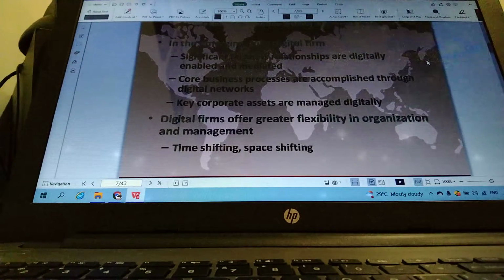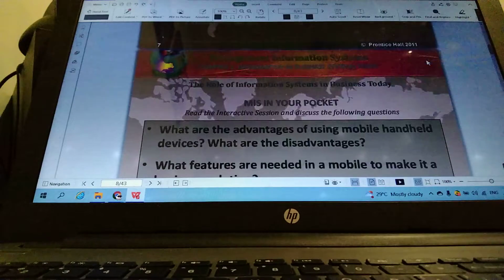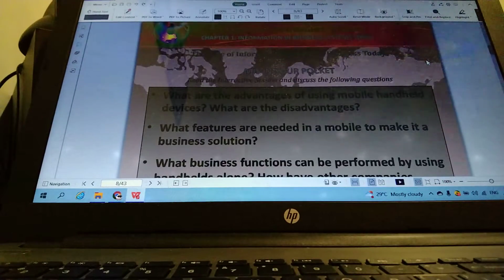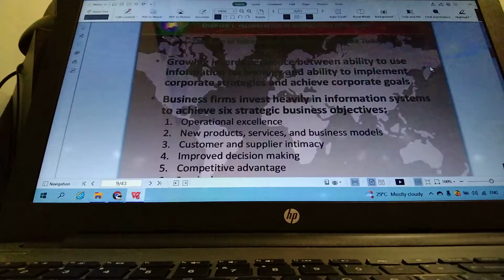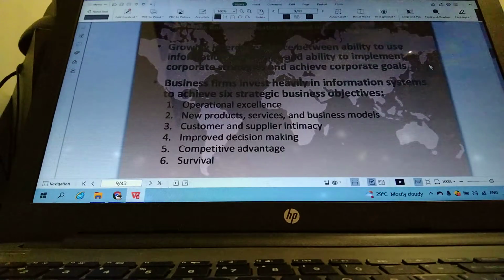So that is an example of how digital firms offer greater flexibility in organization and management in terms of time shifting and space shifting. Okay, in the next slide, you have one interactive session with a few questions which you can go through yourself with your friends during the second session of today.